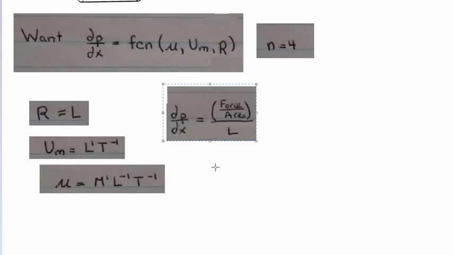We know that it's the derivative of pressure with regards to position, so since we could approximate this as delta x in the denominator, we could say that we have this length unit over here.